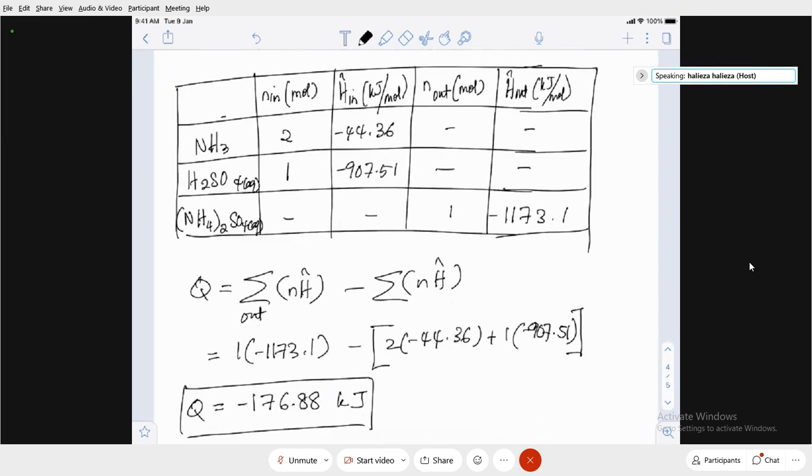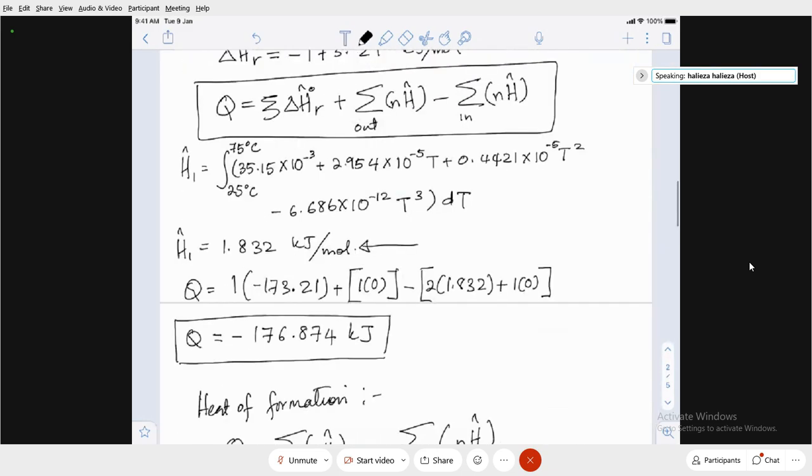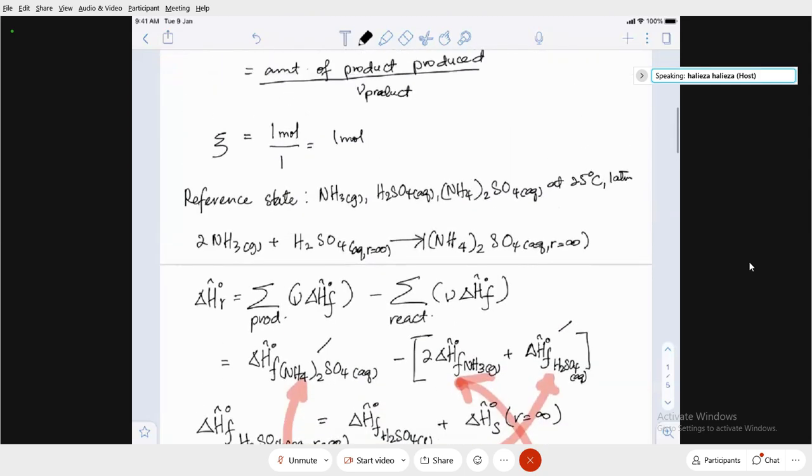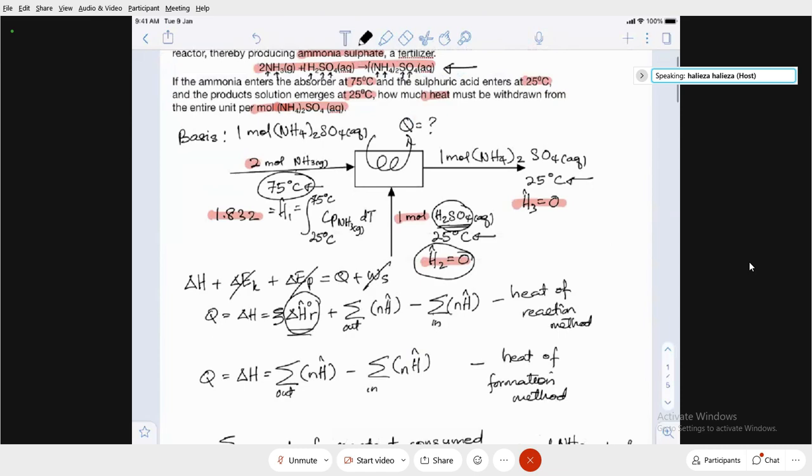This is problem 9.44. This is how you use the information of the heat of formation of solution, because your input is solution, your product is also a solution.